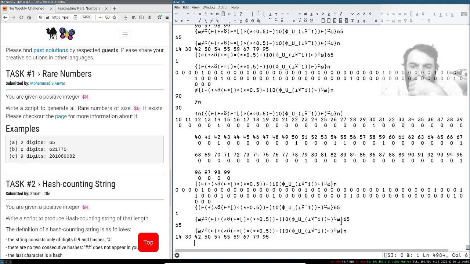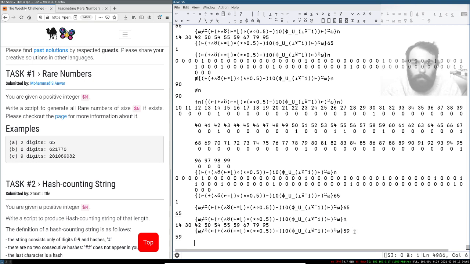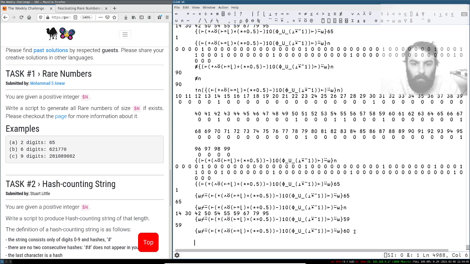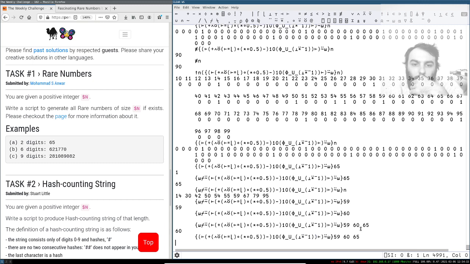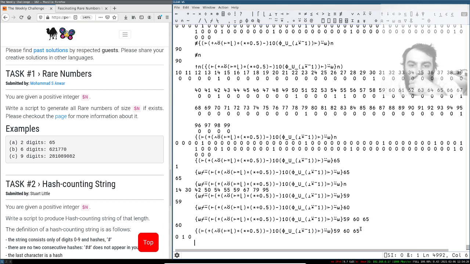Why is this? Okay, let's say I put the R in, or whatever. 59. Yeah, okay, it says it's 160, it's not. Okay. 59, 60, 65. And then the middle ones come out of this, even though they're all supposed to be.